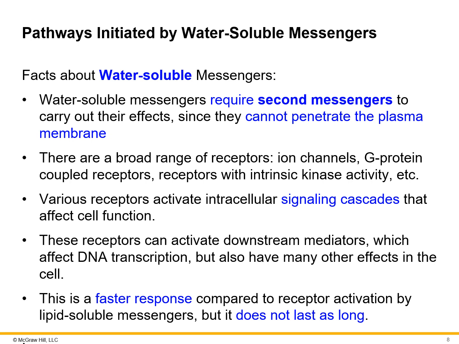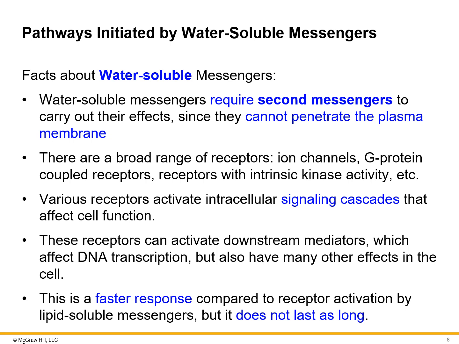Different types of receptors activate that signaling cascade that happens inside the cell itself. So when we were talking about our signaling lab, again, inside of the taste bud, different signaling cascades or processes happen as a result of the binding of sweet to sweet receptor, bitter to bitter receptor, sour to sour receptor, etc. Receptors can activate downstream mediators, which affect DNA transcription, but they also have a lot of other effects in the cell.